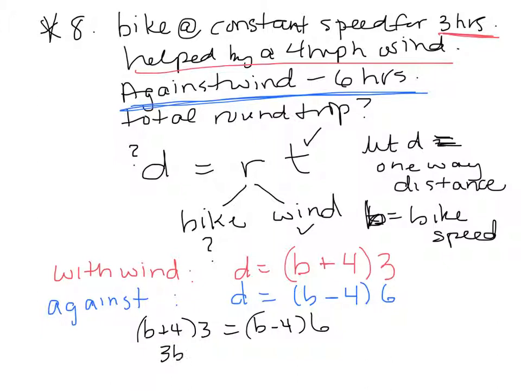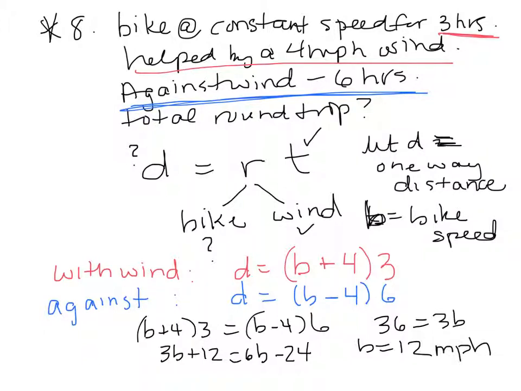And we solve. 3b plus 12 equals 6b minus 24. If we subtract 3b from both sides and add 24 to both sides, we get 36 equals 3b, and that b is 12. And this is a bike speed, so it is 12 miles per hour.